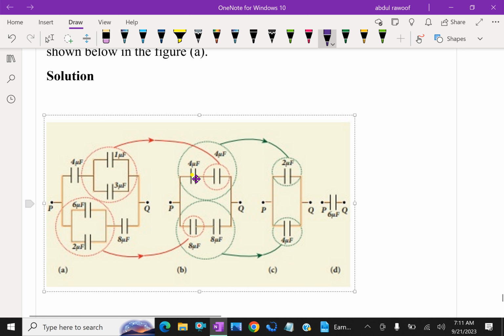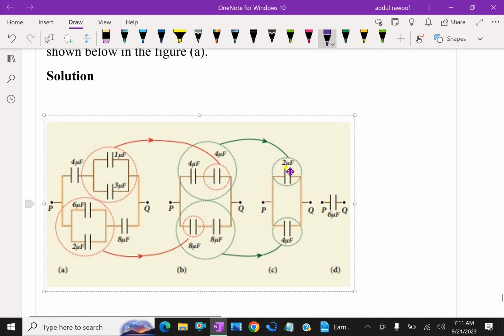Now look at here, these two are in series. So 1 by 4 plus 1 by 4 is 2 by 4, that is 4 by 2, 2 microfarad. And the effective capacitance between these two in series, 4 and 4, is 2 microfarad. Here also 8 and 8: 2 by 8, reciprocal is 8 by 2, that is 4 microfarad.